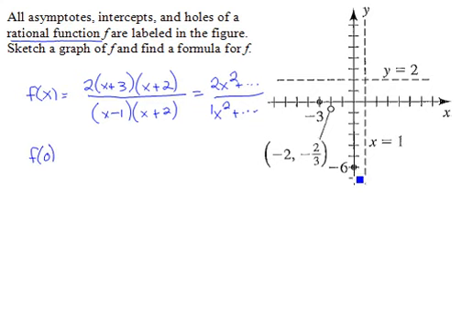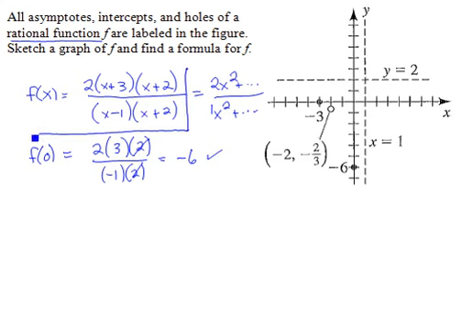We're supposed to have a y-intercept of negative 6, so we can check that our function gives us that. f of 0 is equal to 2 times 3 times 2 divided by negative 1 times 2. Simplifying does indeed give us negative 6 as it's supposed to be, and so our y-intercept is correct, and the expression for f of x is given here.